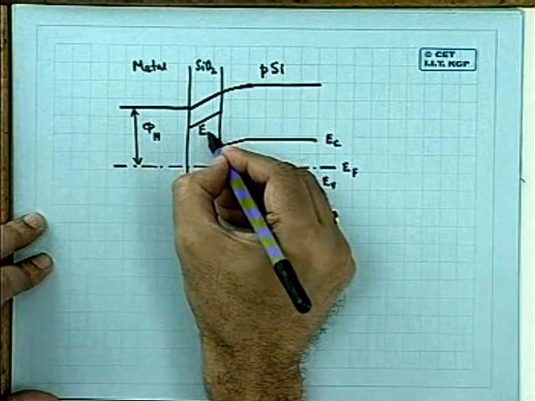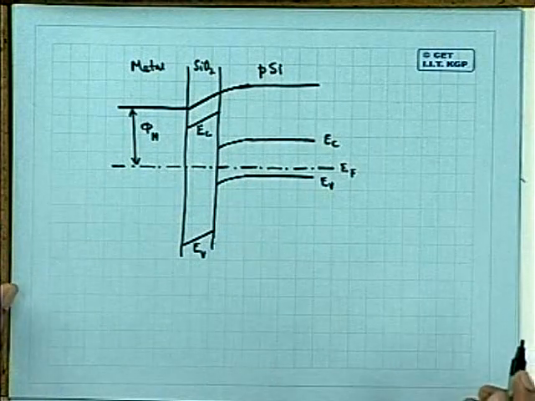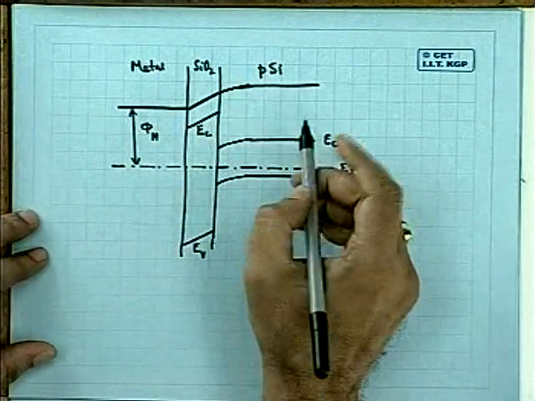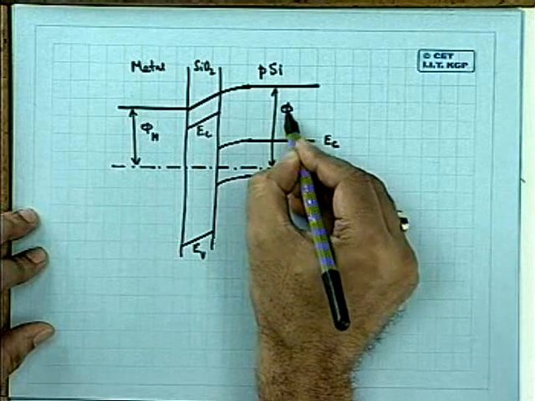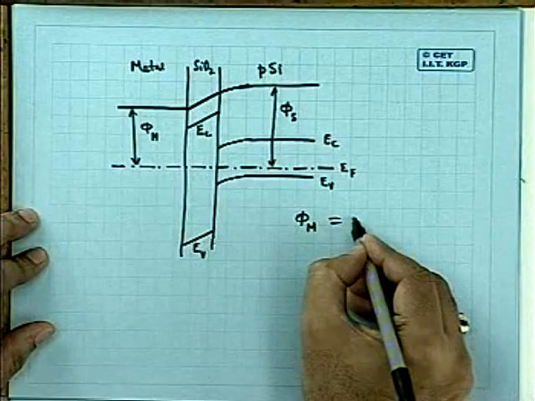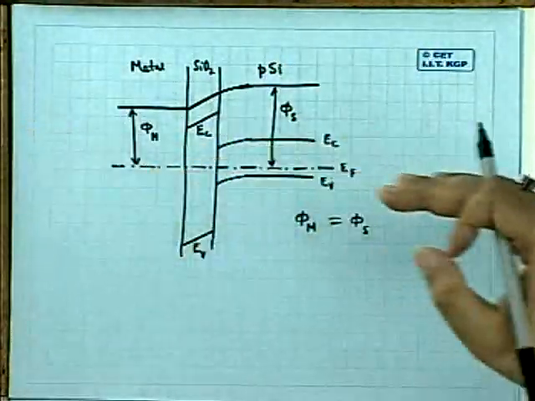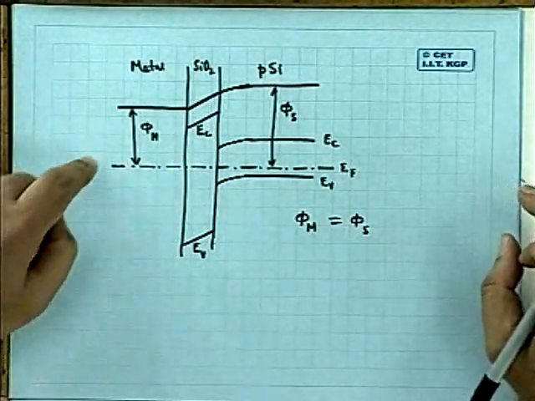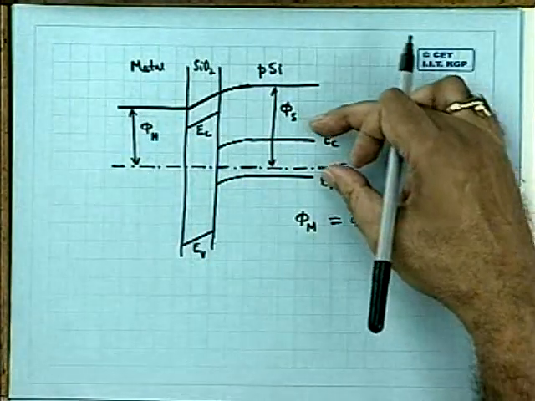This is EC in the oxide, and this is EV in the oxide. And you note that in this particular case phi m and phi s are not equal. Phi m is not equal to phi s. If phi m and phi s were equal, naturally the energy band was flat up to the interface. So because phi m is not equal to phi s, the energy band will bend downward.